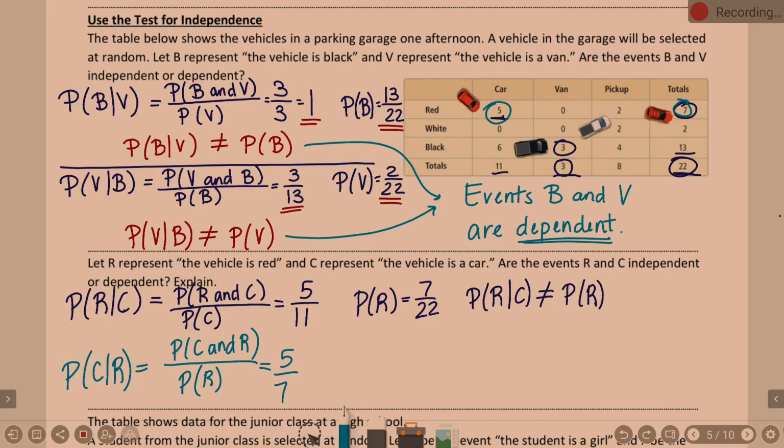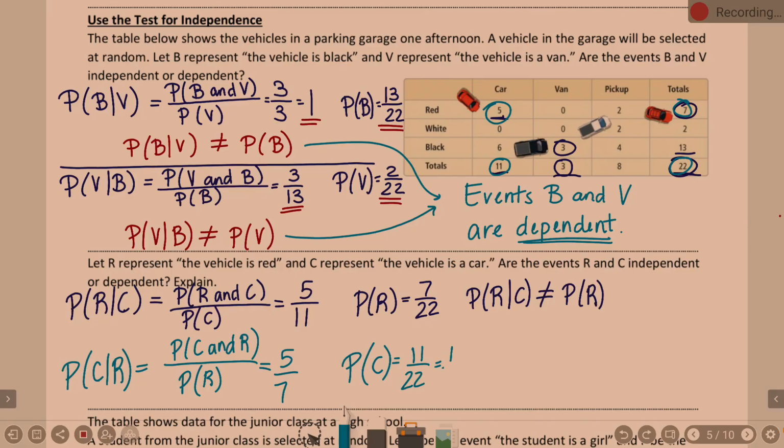For our independence test, what do we compare that to? P(C), the probability it is a car. So you compare it to the original probability. What is the probability of having a car? 11 over 22, which is indeed 1/2.